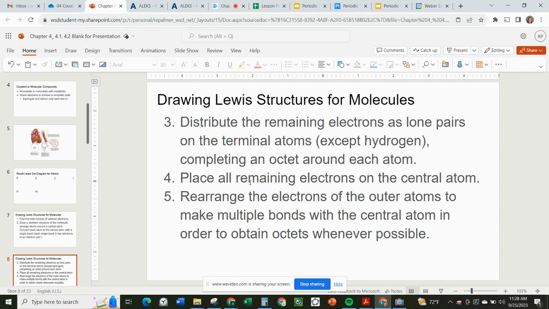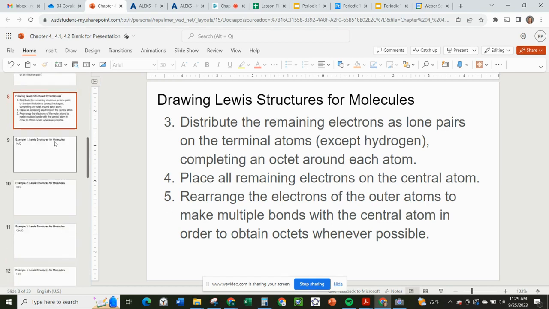And then if there's any extra electrons, we're going to put them on the central atom. Then we're going to rearrange the atoms if we need to make sure that everything has 8 valence electrons. So if our central atom doesn't have enough, we can rearrange until we have an octet.